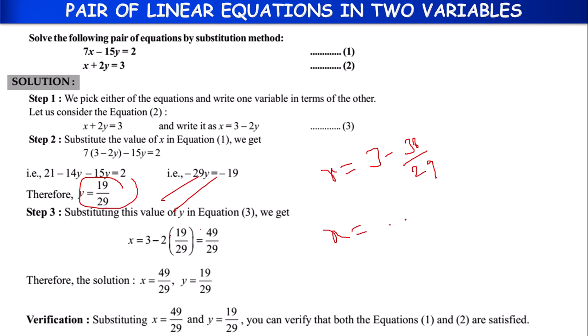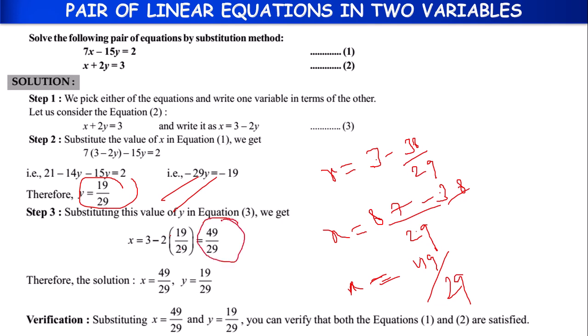If we take LCM, LCM is 29. 29 times 3, 3 nines are 27, 3 twos are 6 plus 2, 8, so 87 minus 38. So x equal to 87 minus 38, which is equal to 49. In the denominator we have 29. So x value is 49 by 29.